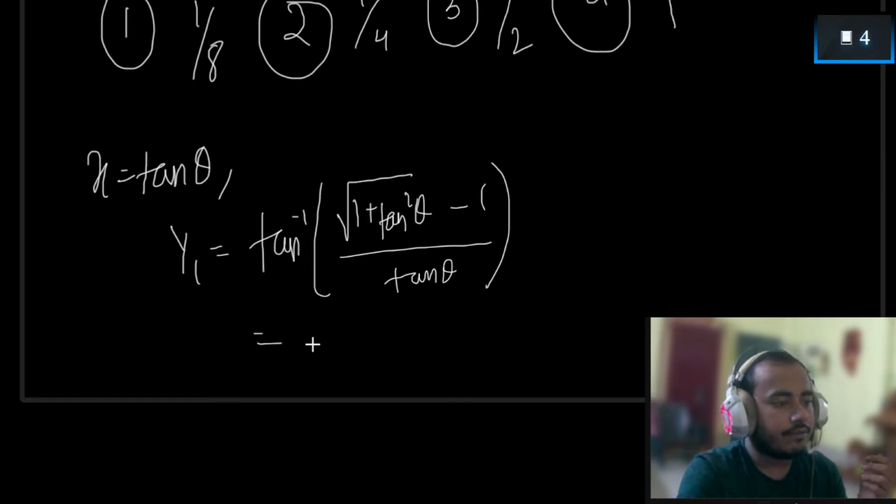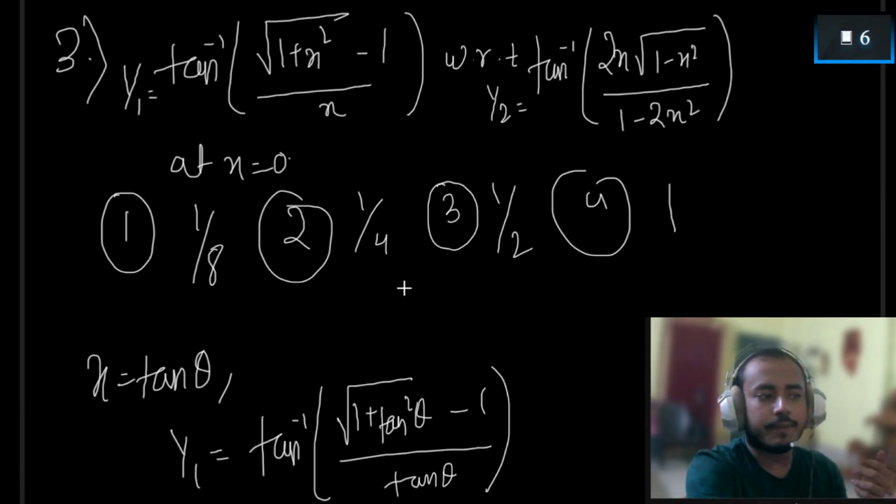Now 1 plus tan square theta is basically sec square theta, right? In y1 equals tan inverse of root over 1 plus x square minus 1 by x, if you were to differentiate it directly, this would give you a huge, very complicated answer.